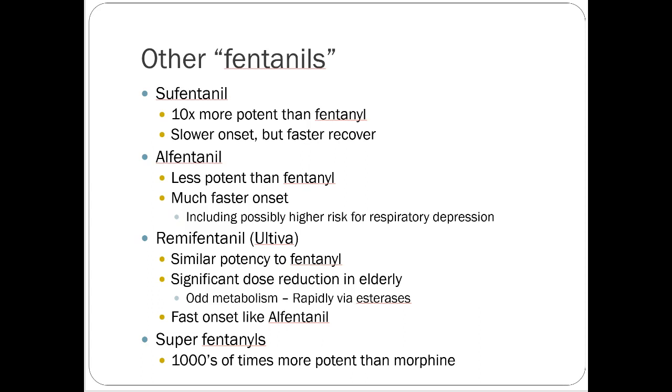There are super fentanyls out there. The only reason I put these on there is every once in a while you hear about something like this being used, or you'll hear about drugs cut with this. So carfentanil might be something you've heard of. It's a drug that was recently introduced as an adulterant, I should say, to local heroin supplies. And the problem is it's so potent that even if you adulterate a tiny bit with it, it's very hard to control the amount you're giving somebody.